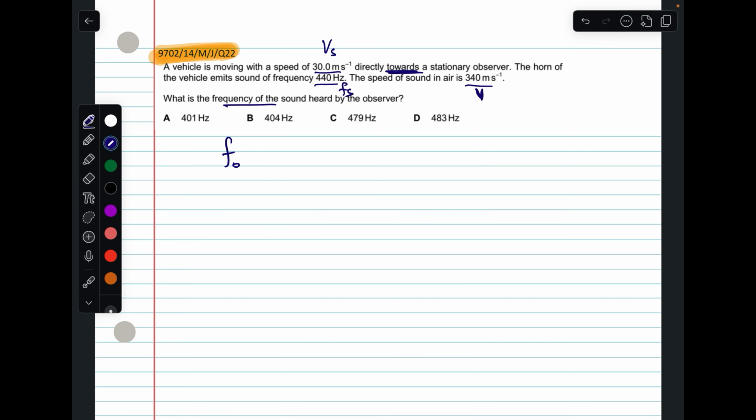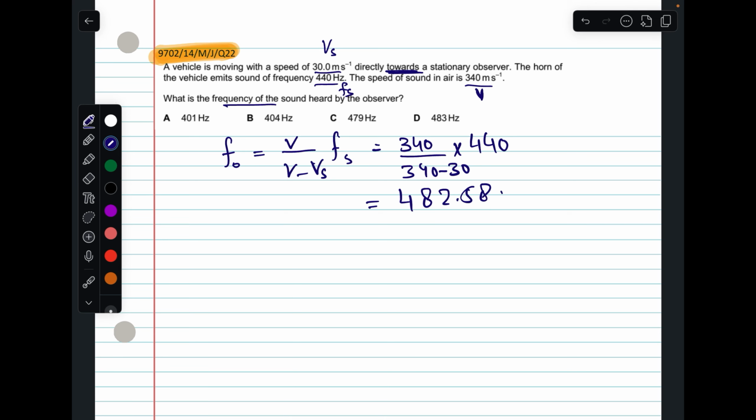You just have to apply the formula: F naught is equal to V divided by V minus Vs, multiplied by Fs. Putting the values, 340 divided by 340 minus 30, into 440, that will give you 482.58, that is 483 hertz. Okay, option D.